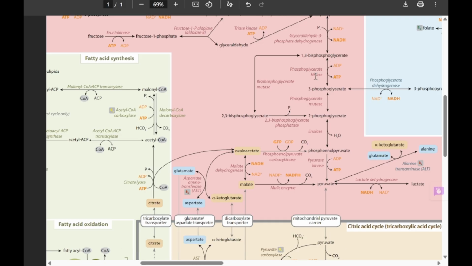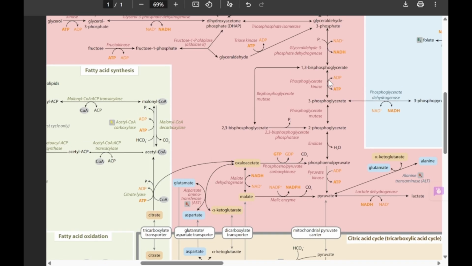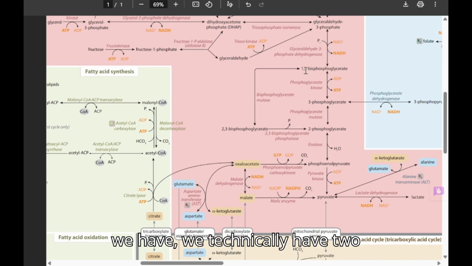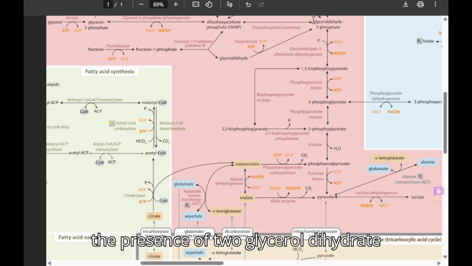Phosphoglycerate kinase. In this step, we have two ATP molecules produced because again, we technically have two 1,3-bisphosphoglycerate molecules due to the presence of two glyceraldehyde 3-phosphate.